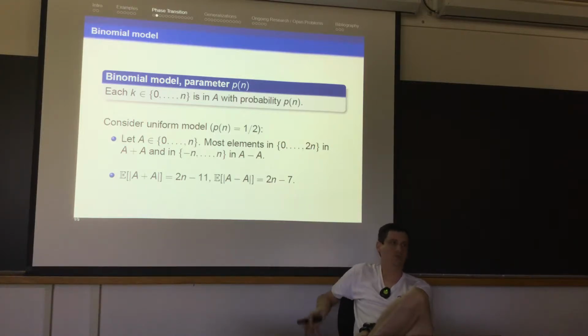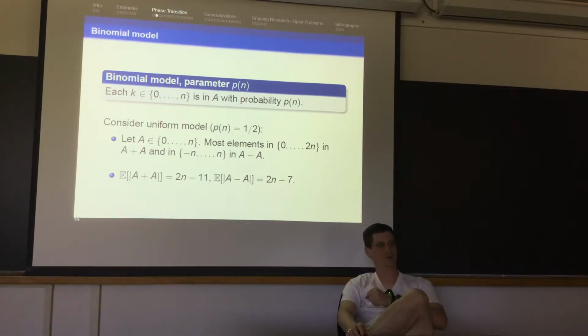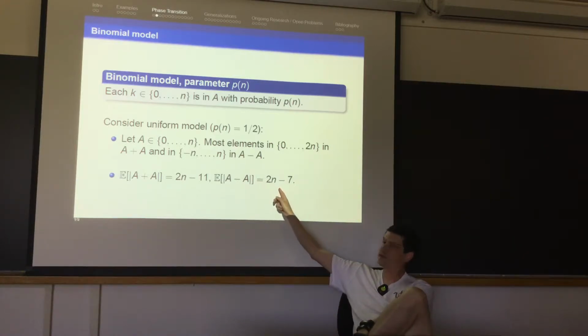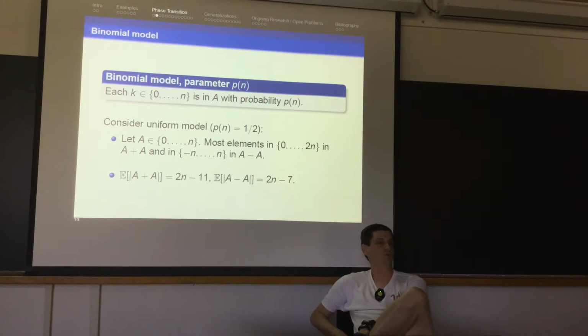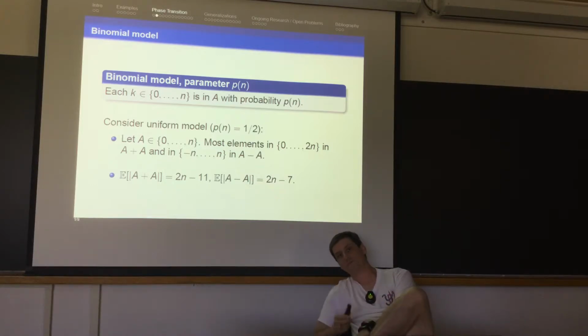You win or you lose. There's no amount, oh yeah, you killed it, you were really sum dominated, versus you just squeaked by and made it. And so over here, just because on average you're more likely to have a large number of differences than sums, doesn't mean that maybe sometimes you don't have more sums than differences. You need to control the variance and how spread out things are.